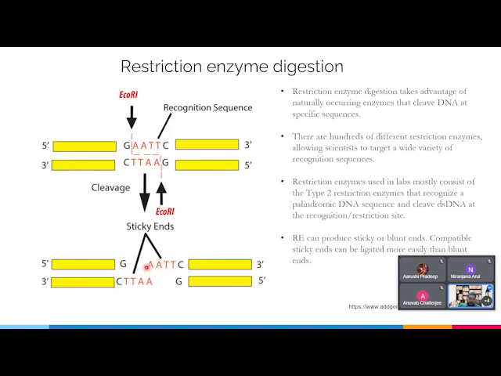When you place these two sequences close together, the A will form a hydrogen bond with T, this A with this T, and these two with these two T's. Thus, there is a hydrogen bonding interaction that brings the double-stranded DNA close together again, which helps in ligation. Sticky ends that can form complete base pairing with each other are known as compatible sticky ends, and these can be easily ligated.